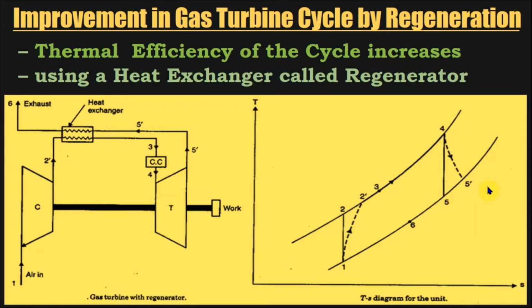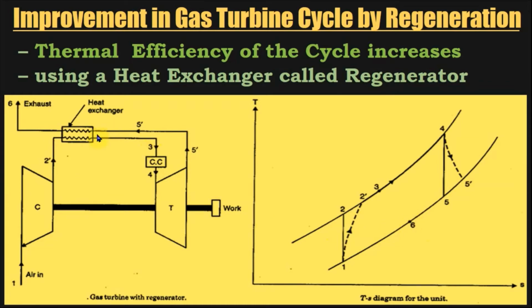See, the temperature of exhaust gases coming out of the turbine after expansion, the actual temperature is T5 dash. After going through this heat exchanger and rejecting heat to the compressed air, its temperature becomes T6. See, that is indicated here.